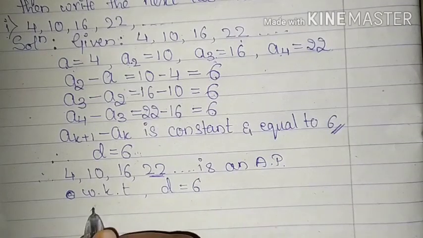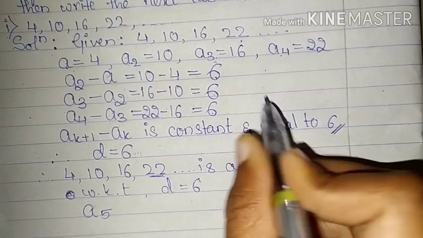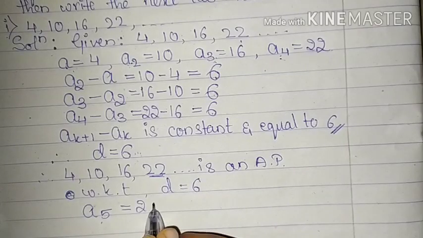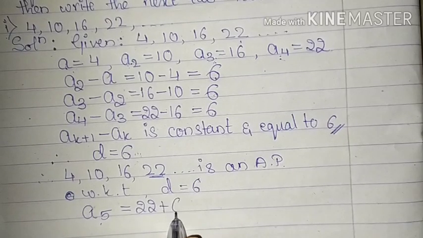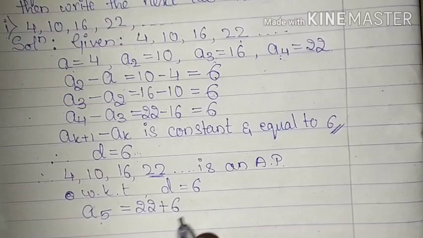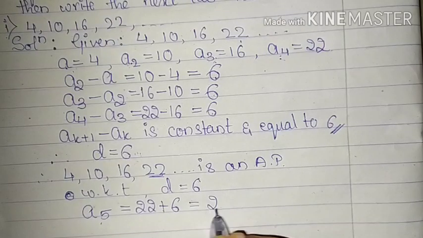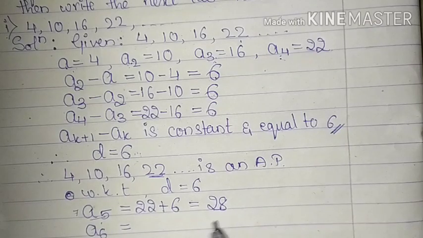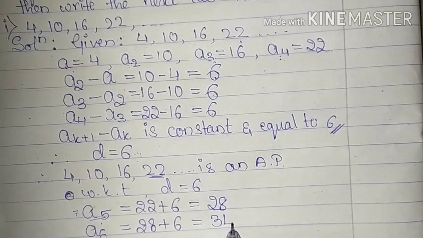So the fifth term: 22 was the fourth term, so A5 is equal to 22 plus 6, because we should add the common difference here. So we get 28. Similarly, A6: the previous term is A5, which is 28. So 28 plus 6 is equal to 34.